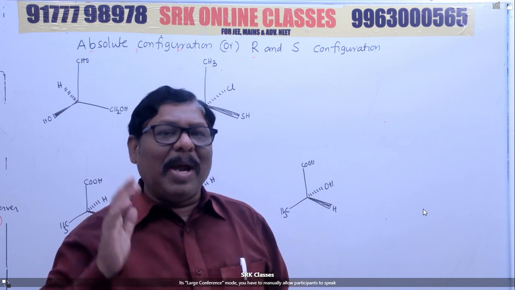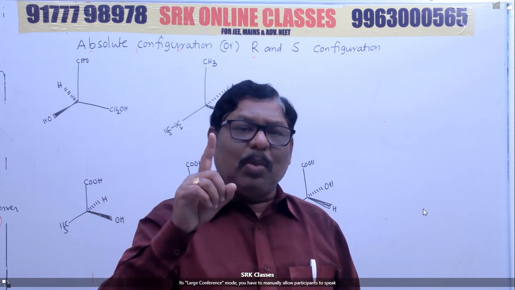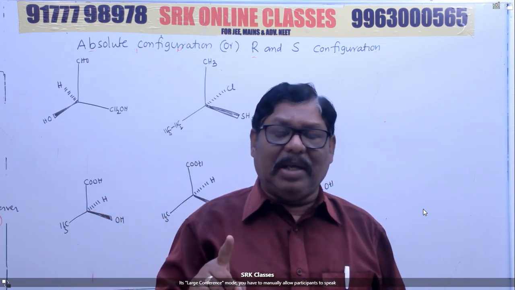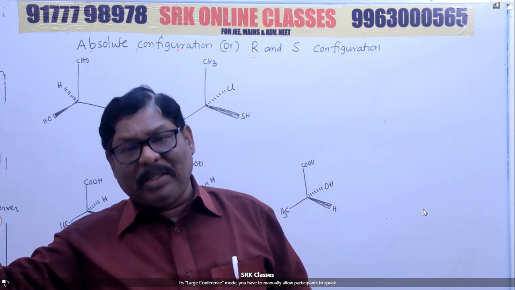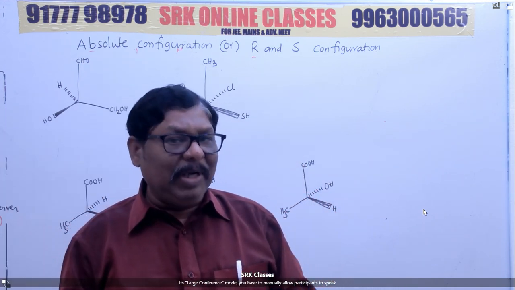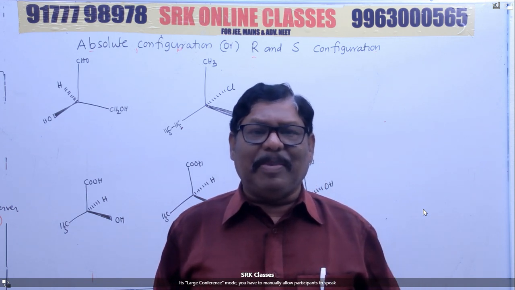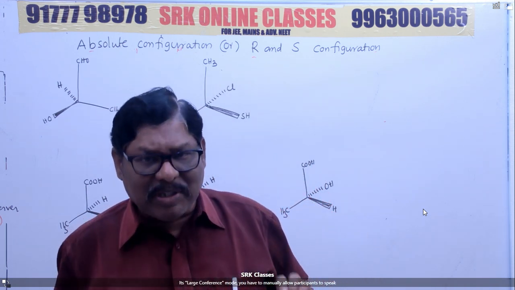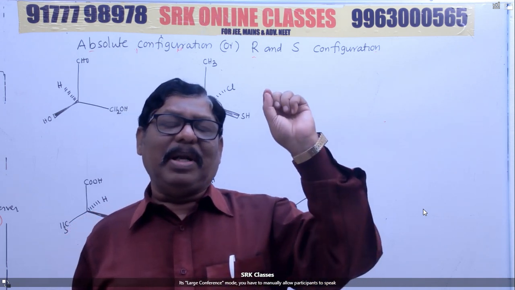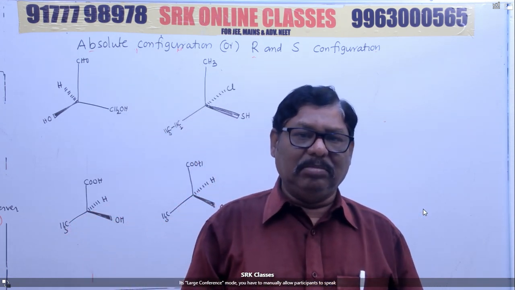If the first 2 atoms are not able to decide, then go for the second one, third one, fourth one. I repeat once again: give the priority for the substituents on the basis of atomic number, which means higher the atomic number, higher will be the priority.